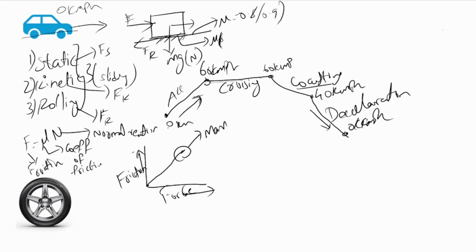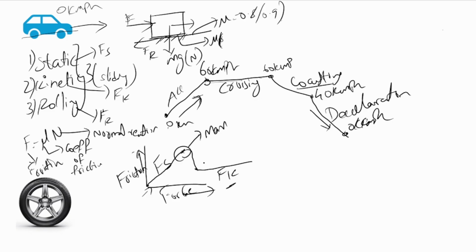Once it gives up, your static friction will fall, and then it goes to kinetic friction. So once power is transmitting to your wheels, you have Fs, your static friction. At one point it starts giving up, so it starts falling and then reaches kinetic friction. Now why am I explaining this curve?